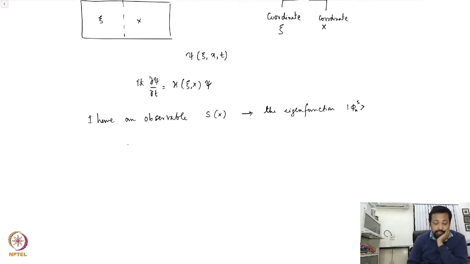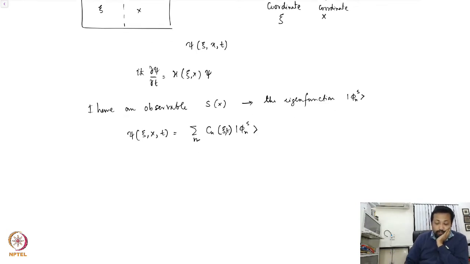In which case I can write down ψ(x, t) equal to C_n(ψ, t) φ_n(s) with a sum over n. Good.